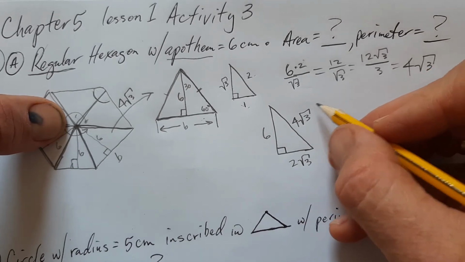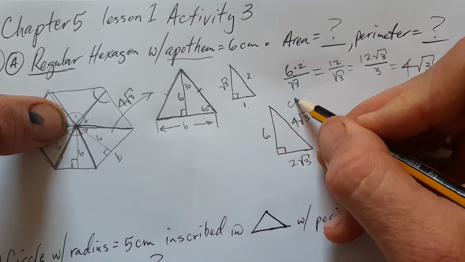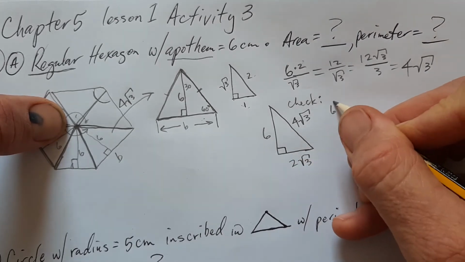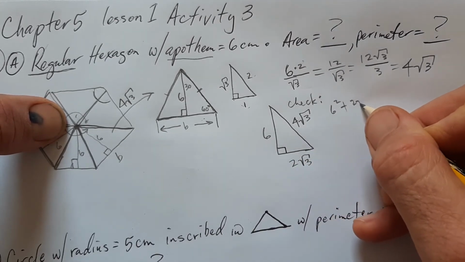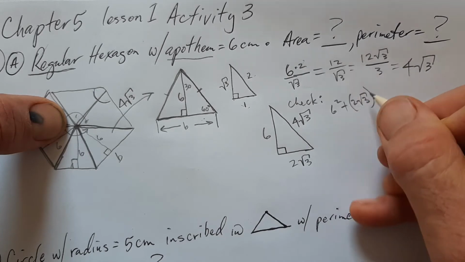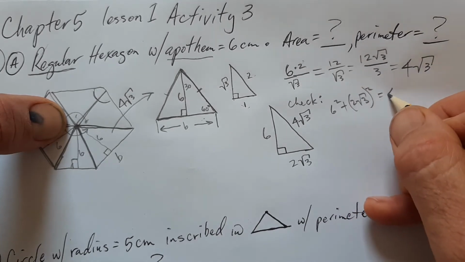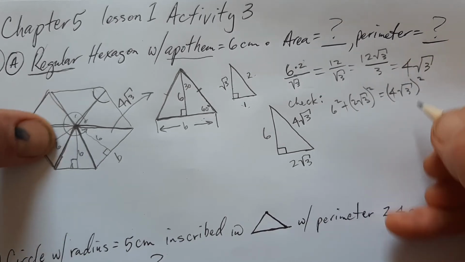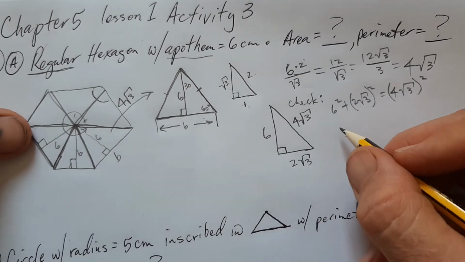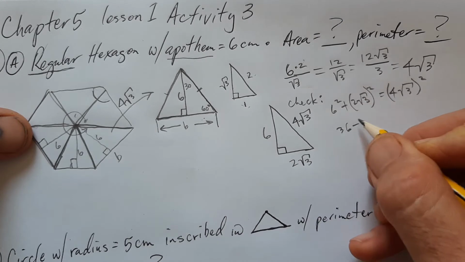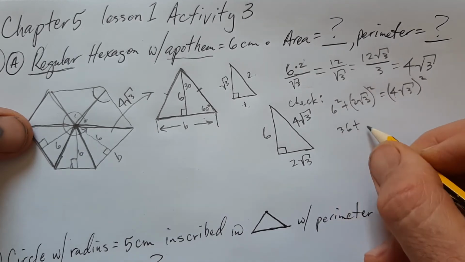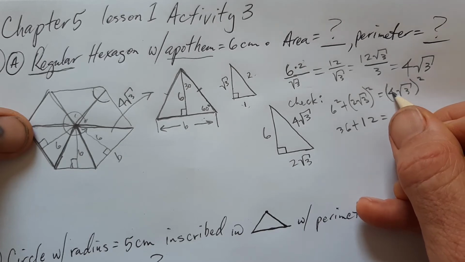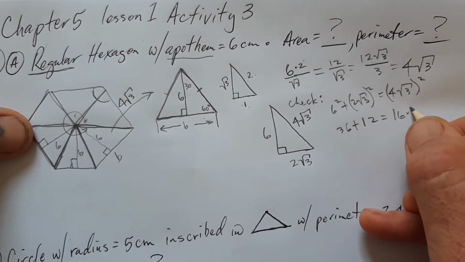Here's our little check using the Pythagorean theorem: 6 squared plus 2 square root of 3 squared equals 4 square root of 3 squared. 36 plus 4 times 3, 12, equals 16 times 3.